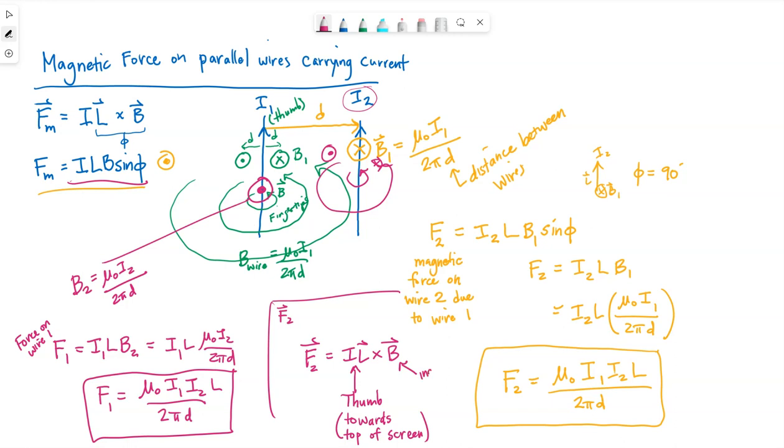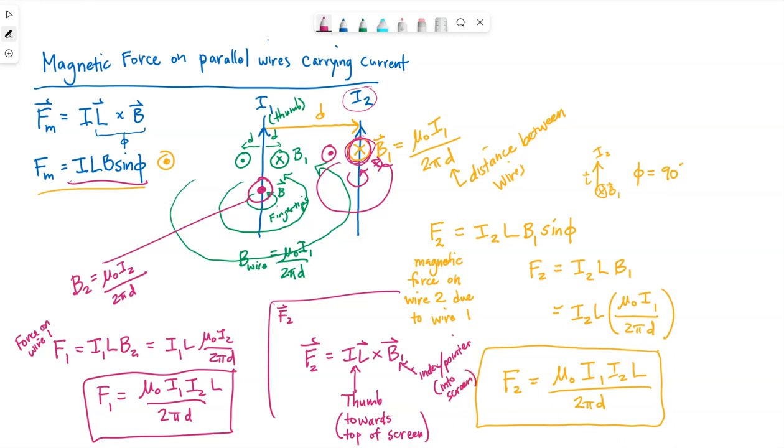Our index or pointer finger needs to point in the direction of the magnetic field. Well, wire 2 is experiencing a force because of the magnetic field wire 1 is creating. And we already determined that. If we come back up to our picture, we said B1 at that location would point into the screen.